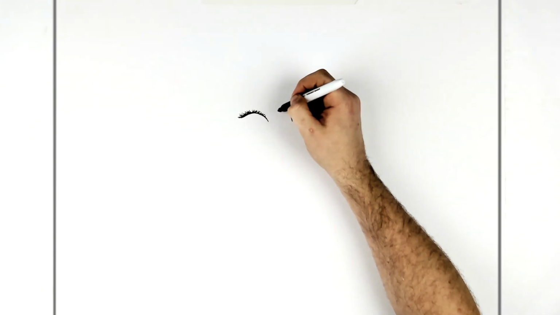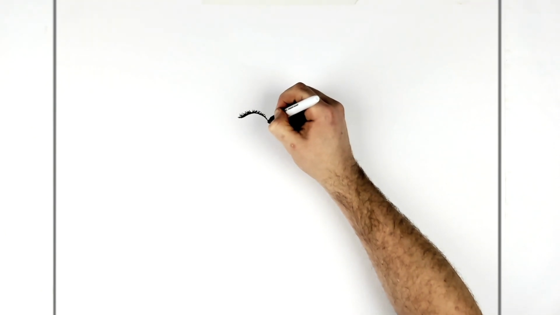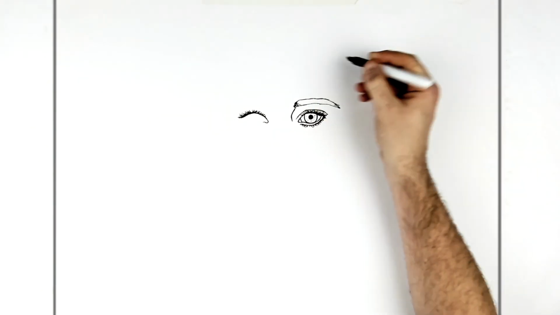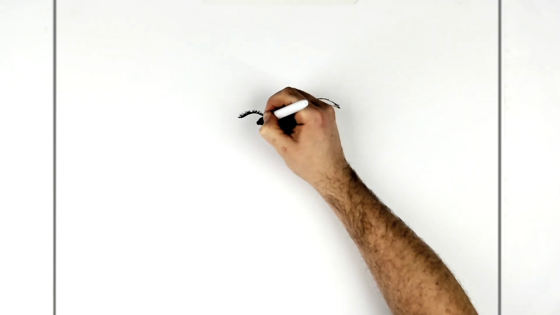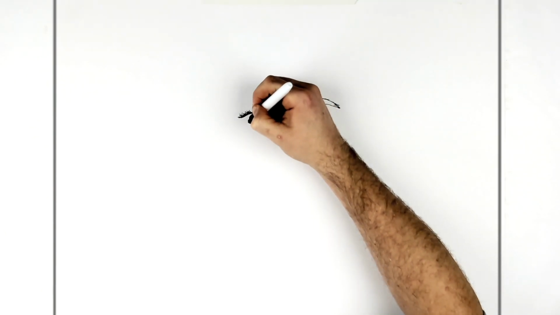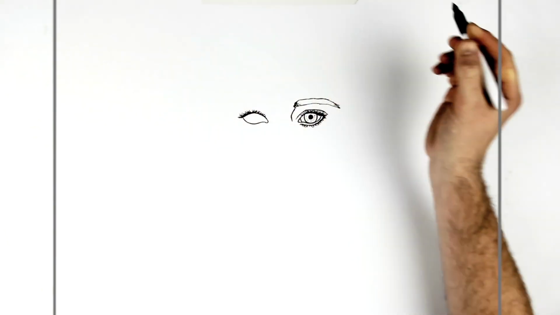Okay, and then her bottom eyelid lines, we again do the tear duct, just in there, and then we bring it down around up into the corner.